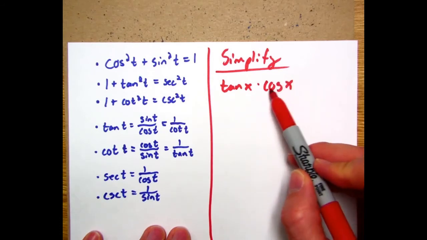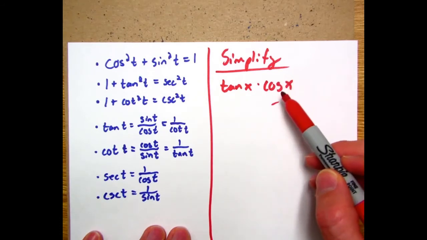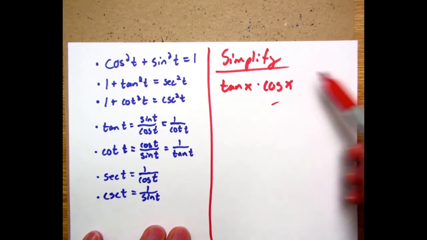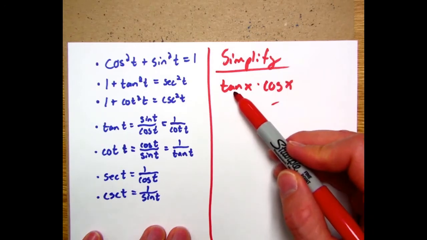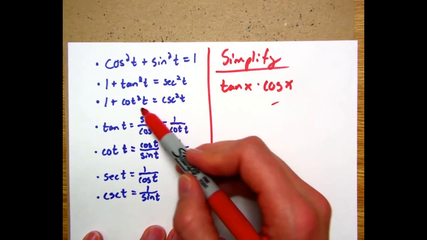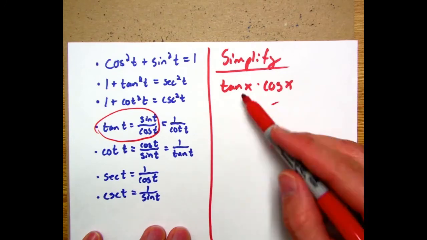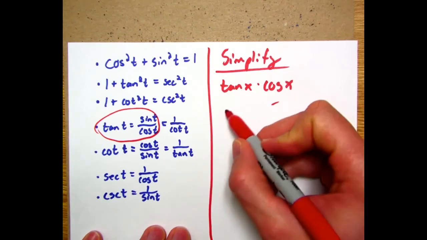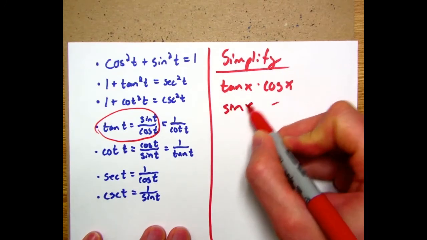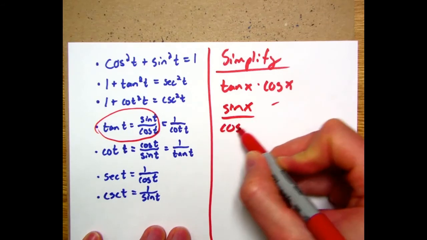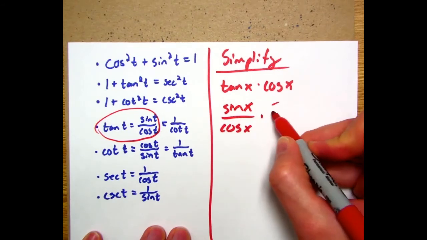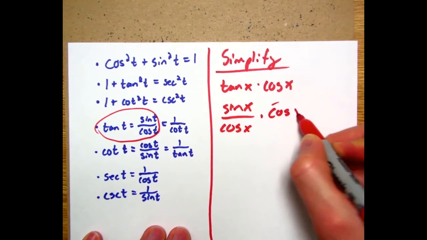So cosine doesn't really have another property that it goes with. Cosine is cosine. Tangent, however, does have something that it's equivalent to that might help us. So instead of having tangent here, I'm going to rewrite it as sine of x over cosine of x times cosine of x.